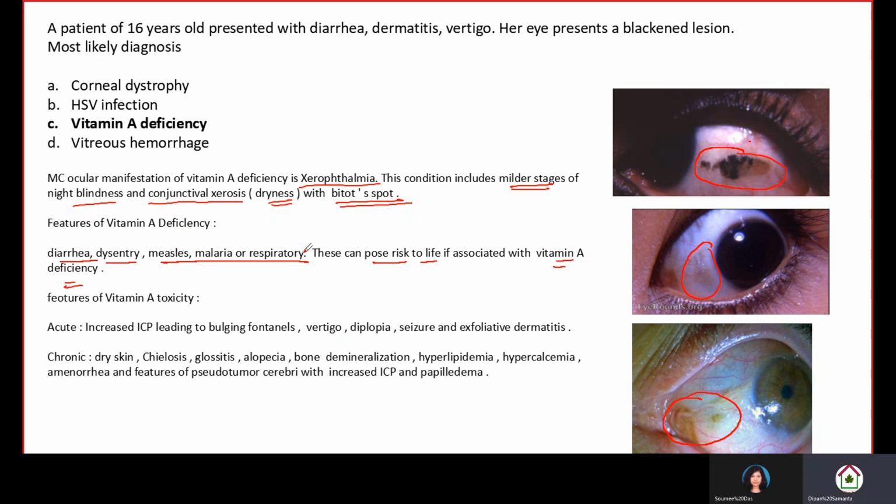And acute vitamin A toxicity leads to increased ICP, leading to bulging fontanelles, vertigo, diplopia, seizure, exfoliative dermatitis.